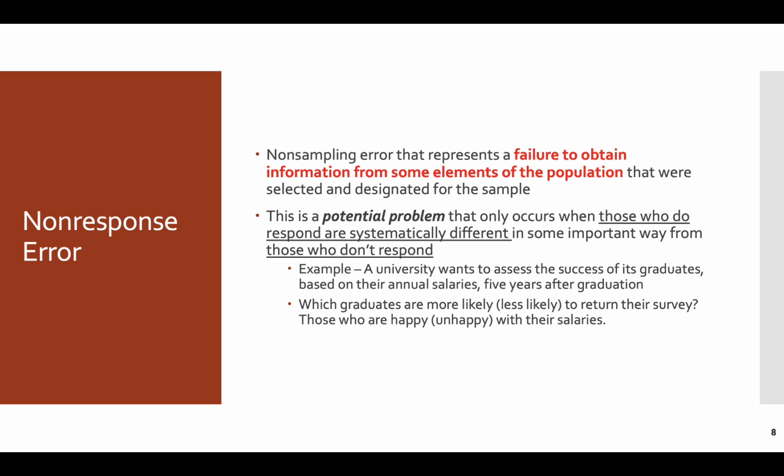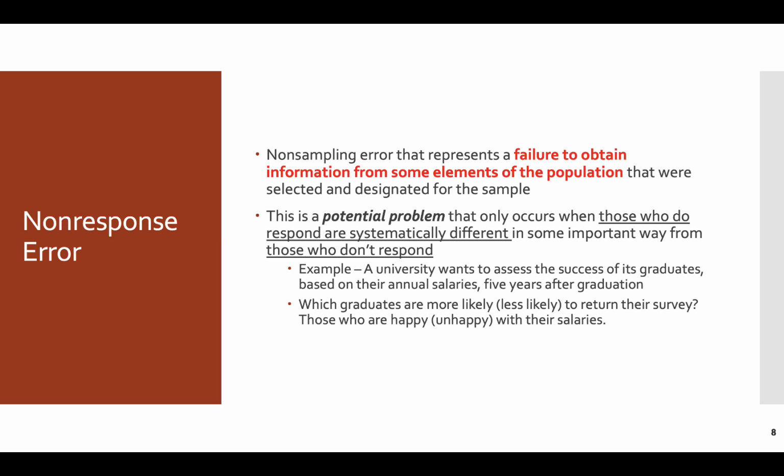Now, the response error is the failure to obtain information from some elements of the population. It's a potential problem if those who do not respond are systematically different in some important ways from those who do respond. For example, a university wants to assess the success of its graduates.